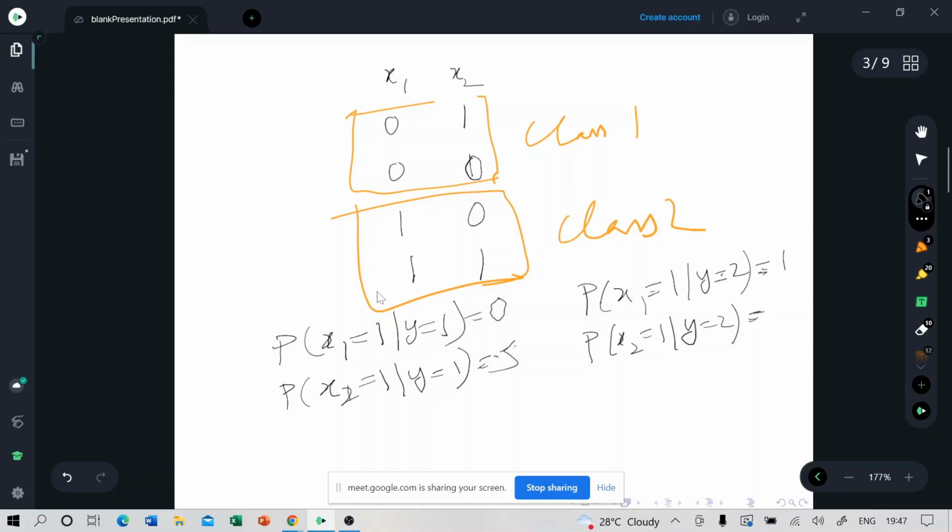We are basically multiplying many probabilities to get the final probability. That's what this formula is saying.